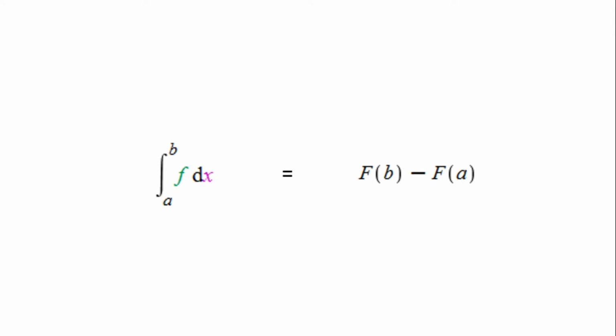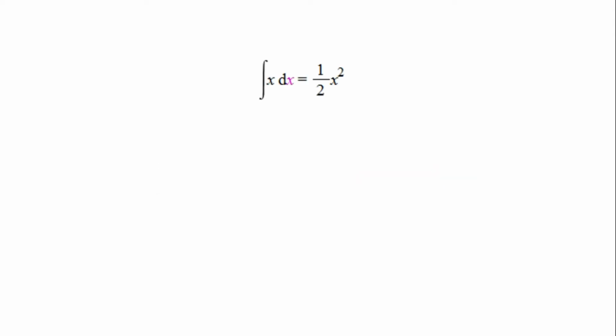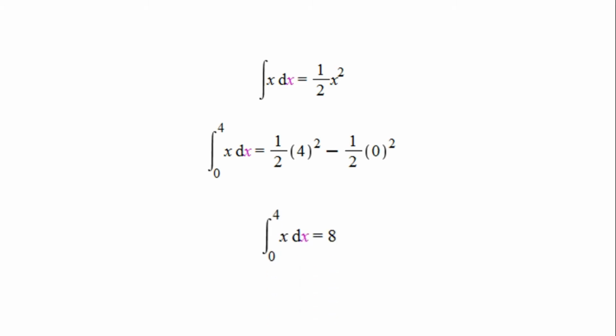The formula is like this. We know that the integration of function x is 1 divided by 2 times x squared. If we add the lower limit 0 and upper limit 4, then substitute 4 to variable x and substitute 0 to variable x and subtract them. But what is this number?